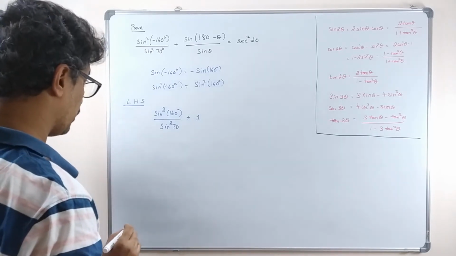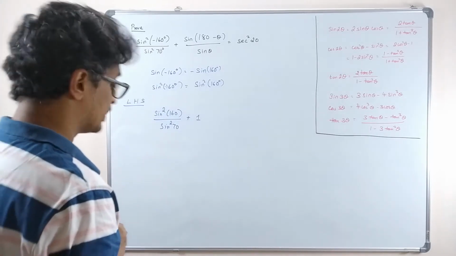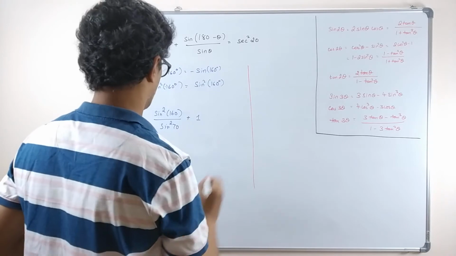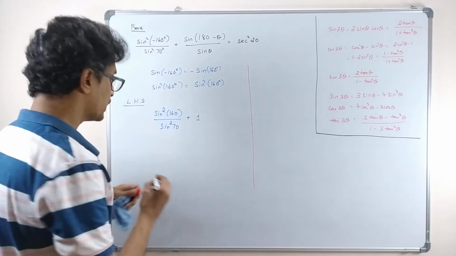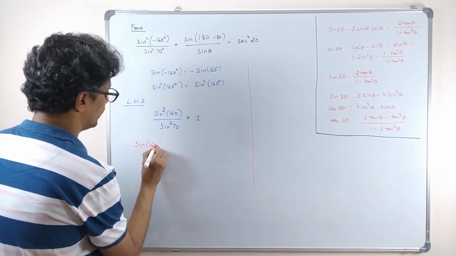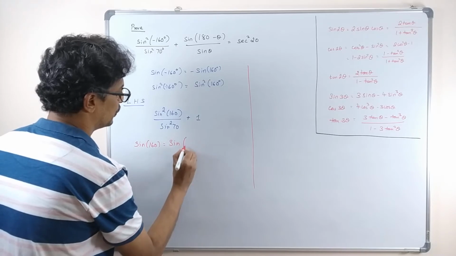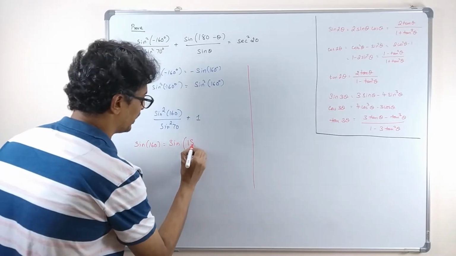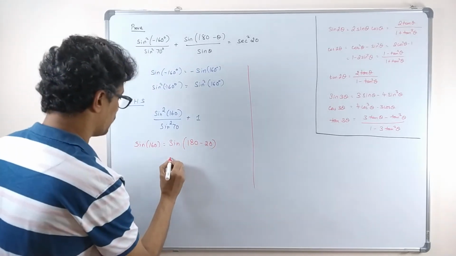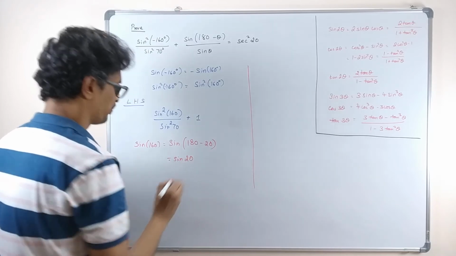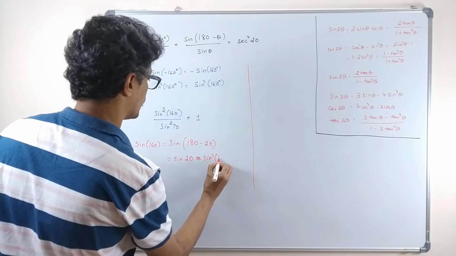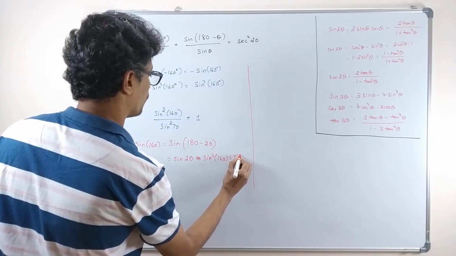Yeah. And now let us see. So now we have to find out what sine square 160 and sine square 70 are. So let us first find sine square 160. Sine of 160, we can write it as 180 minus 20. This always becomes positive. So that becomes what? Sine of 20. So this implies sine square 160 equals sine square 20.